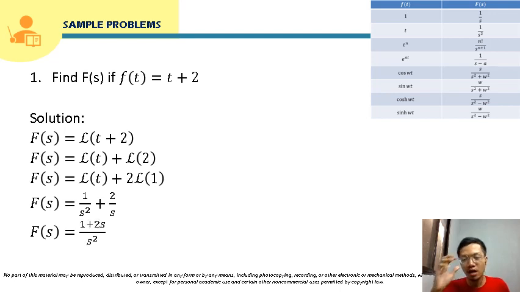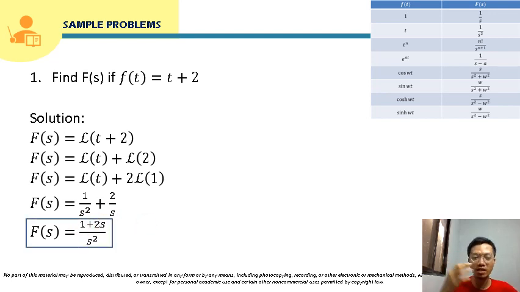Okay, so its common denominator will be s squared, so s squared divided by s squared times 1 will be 1, no? And then s squared divided by s will be s times 2, so that will be plus 2s, no? So this will now be the answer for this, no? So we cannot simplify this further, so this is the simplest form. So this is already the Laplace transform of t plus 2.